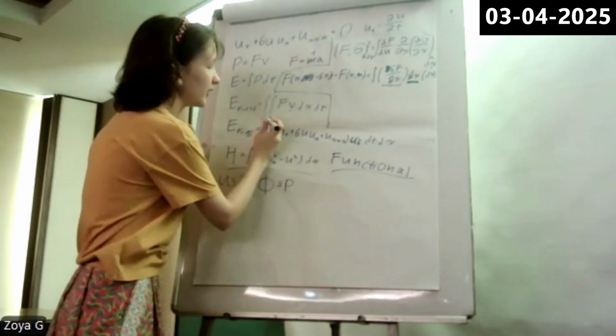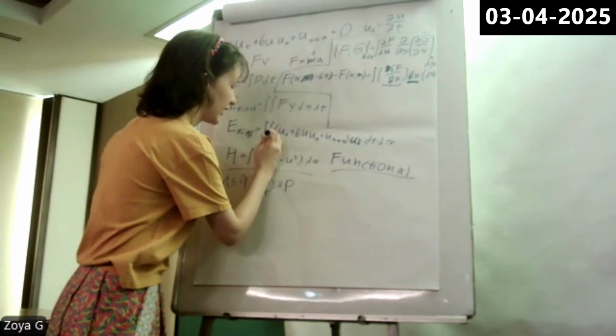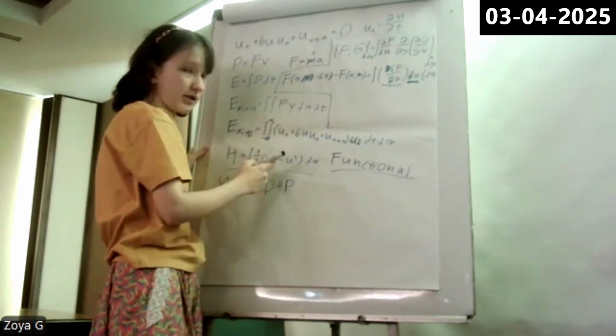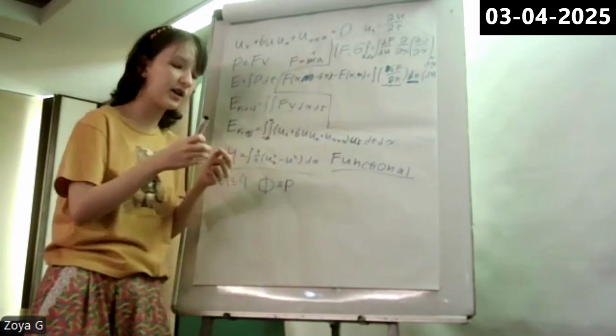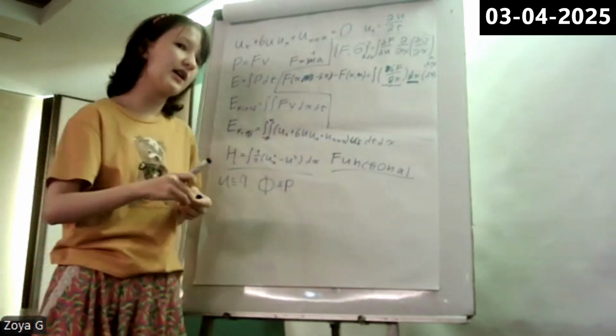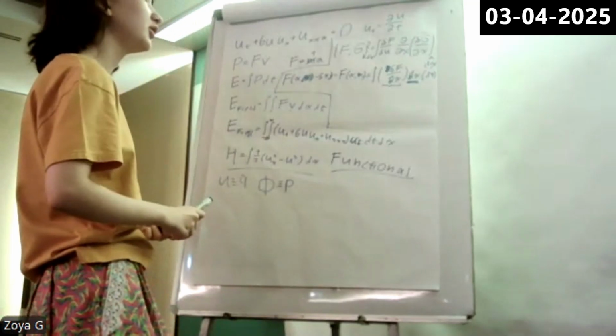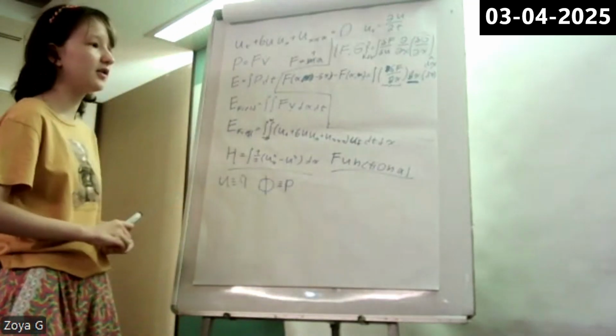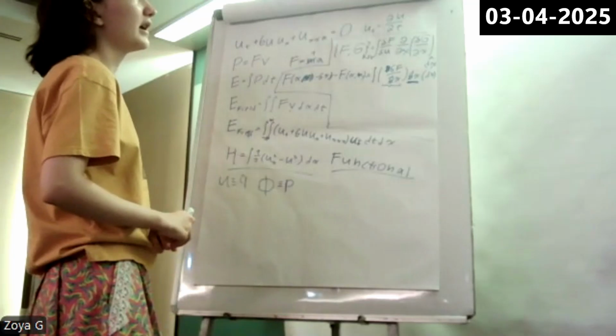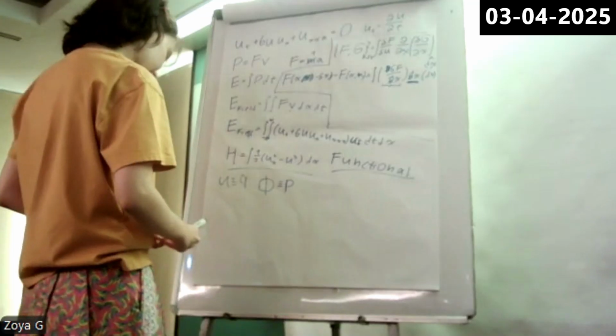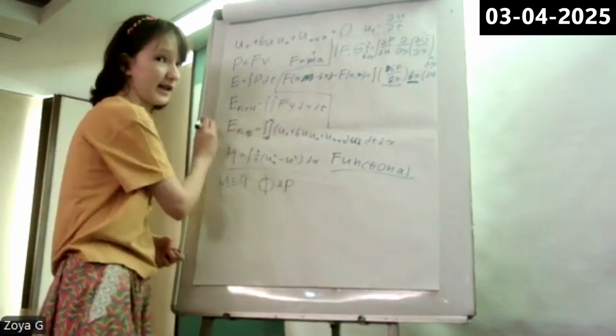You're not evaluating it from negative infinity to infinity, which is what we've been doing. We're evaluating from negative infinity to infinity with the implicit understanding that u goes to 0 at infinity and negative infinity. So it kind of pans out, right?